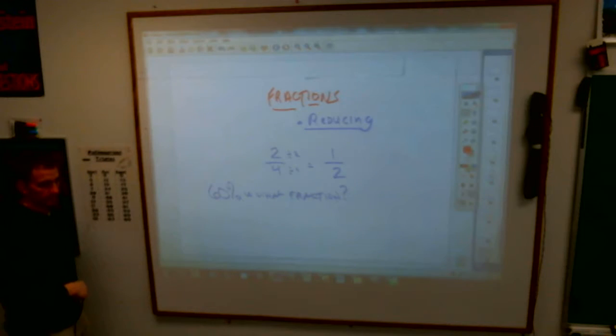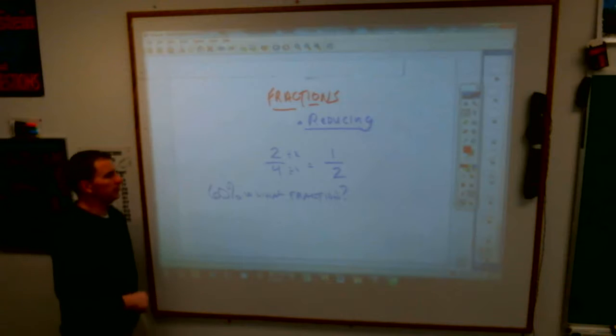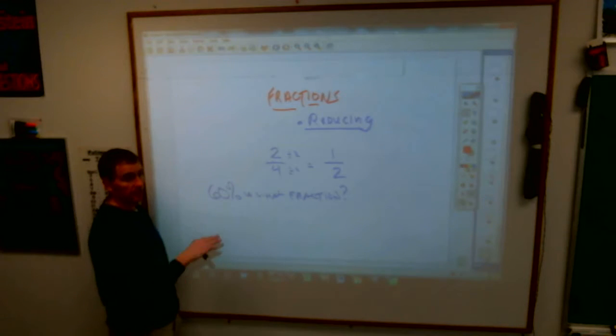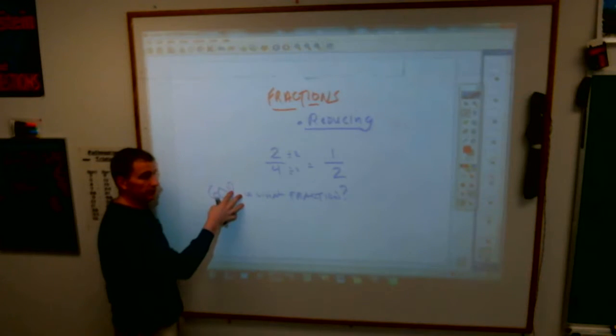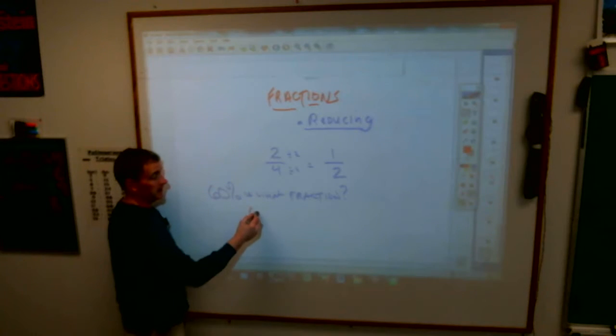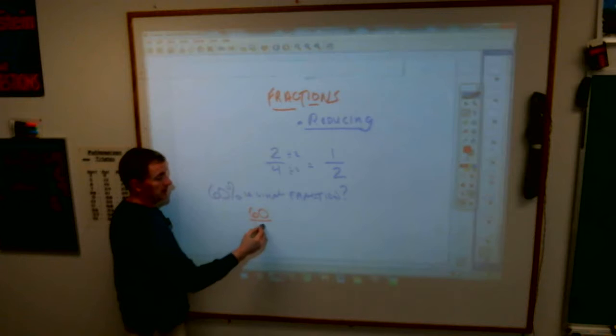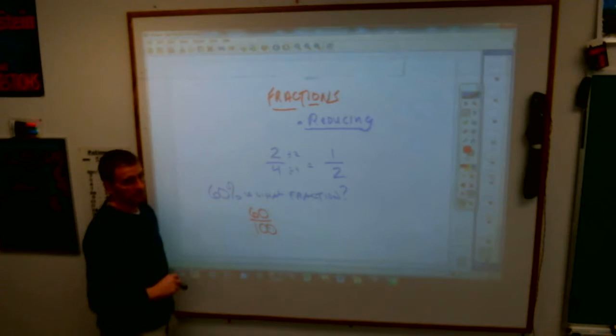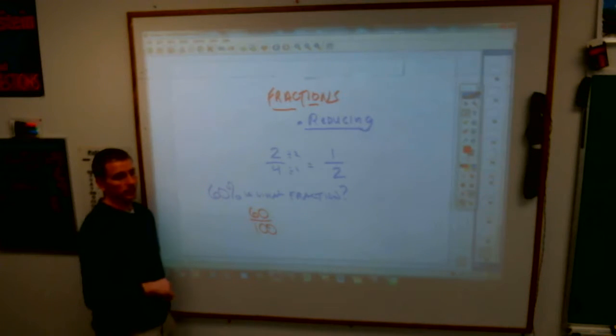Leighton? You would divide it by... You don't need to divide, just write it over 100, because 60% means out of 100, so to change a percent to a fraction, it just means you take it and put it over 100. 60% is the same thing as 60 over 100.